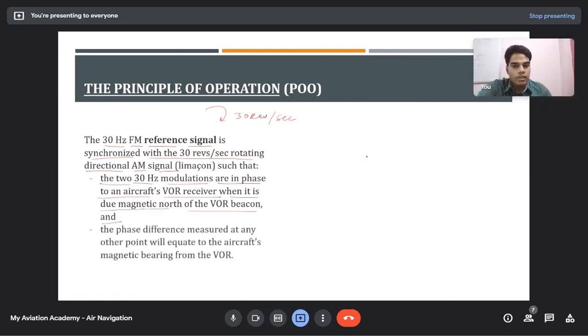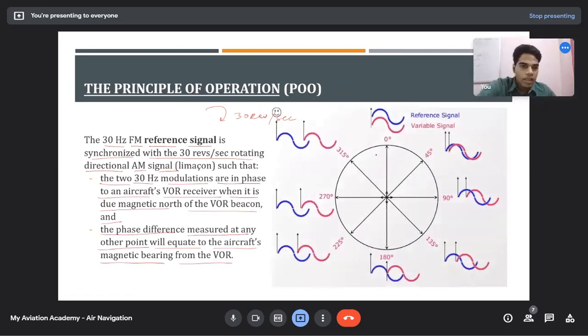The phase difference measured at any other point will equate to the aircraft's magnetic bearing from the VOR. See this, I told you whenever the variable and reference signal meet, that is 0. And you can see when the two polar diagrams have a slight difference between each other, there is a 45-degree difference.